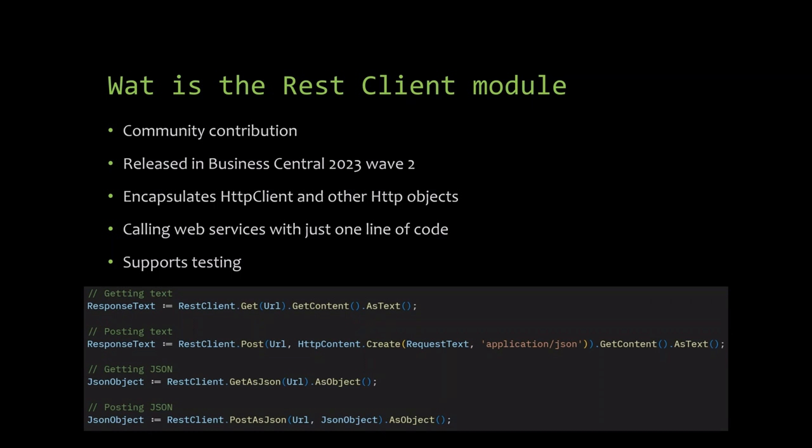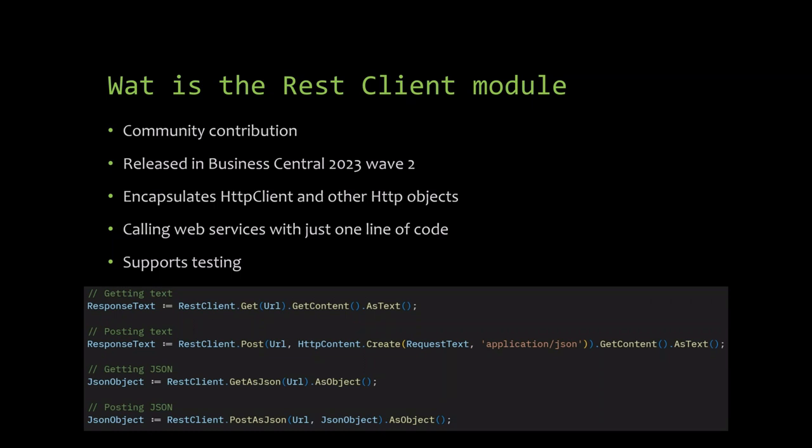It encapsulates the HTTP client and the other HTTP objects like the HTTP response, HTTP request message, and HTTP content. It's kind of a wrapper around those objects. The aim is to call web services with as little code as possible.